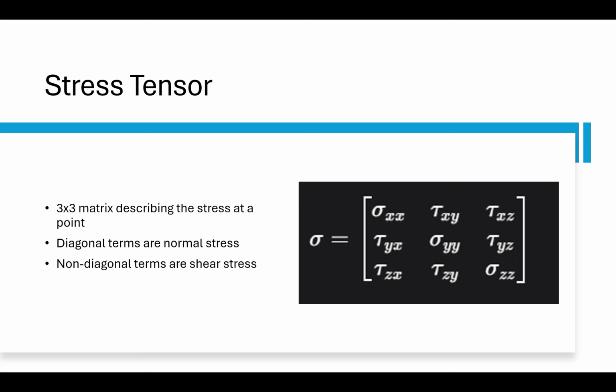It's a 3x3 matrix, and it is able to give you the exact force vector, the traction vector, acting on that plane. The diagonal elements are the familiar normal stresses, and the non-diagonal elements are the shear stresses. As you can see, it's a symmetric matrix, and for example, tau xy equals tau yx. So really, you only look at 6 parts of the matrix.